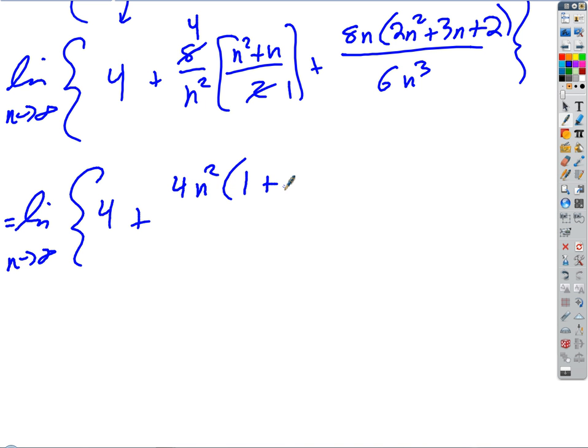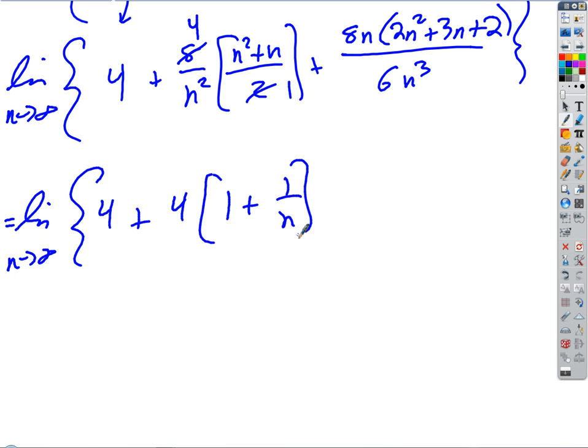Or the other way of thinking about this is, maybe this is better. Hang on, let me backtrack a little bit. Instead, I think it's easier to see. How about if we just divide this n squared through to each term? So we get 4 times 1 plus n squared over n is 1 over n. That's better. Same kind of thing here.